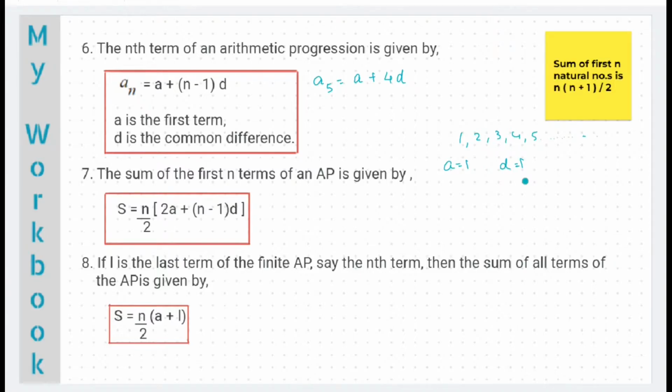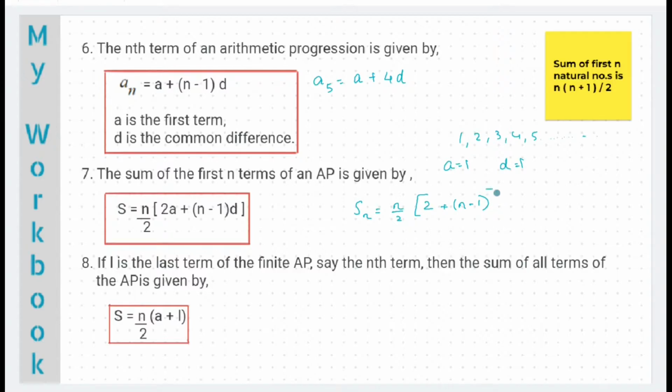Now if we want to find the sum of first n natural numbers, let's apply this formula. S of n is equal to n by 2 into 2A, and A is 1 in case of natural numbers, plus n minus 1 into d, which is again 1.